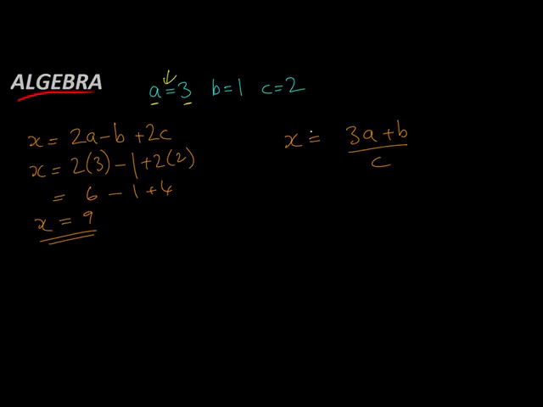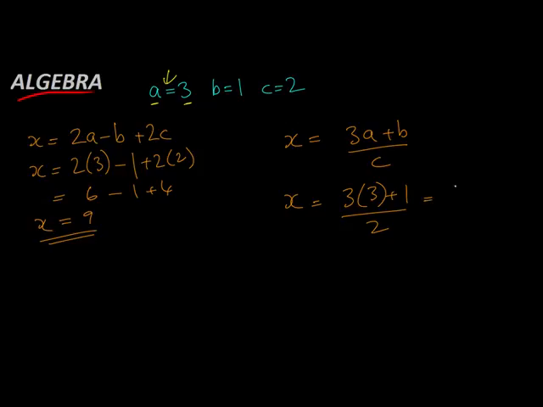So now we're going to make the substitution. So x is equal to 3, a stands for 1, plus b, no, a stands for 3, so 3 is written in place of a, plus b, which is 1, all divided by c, which is 2.